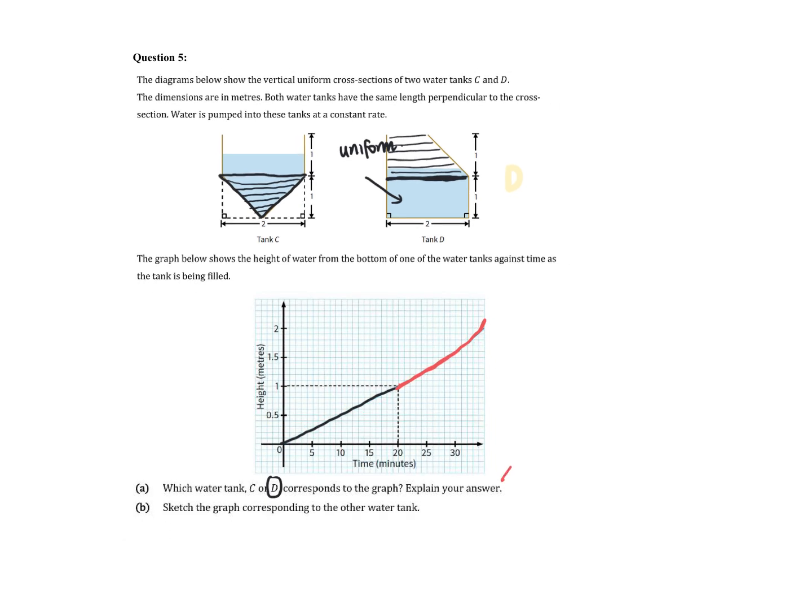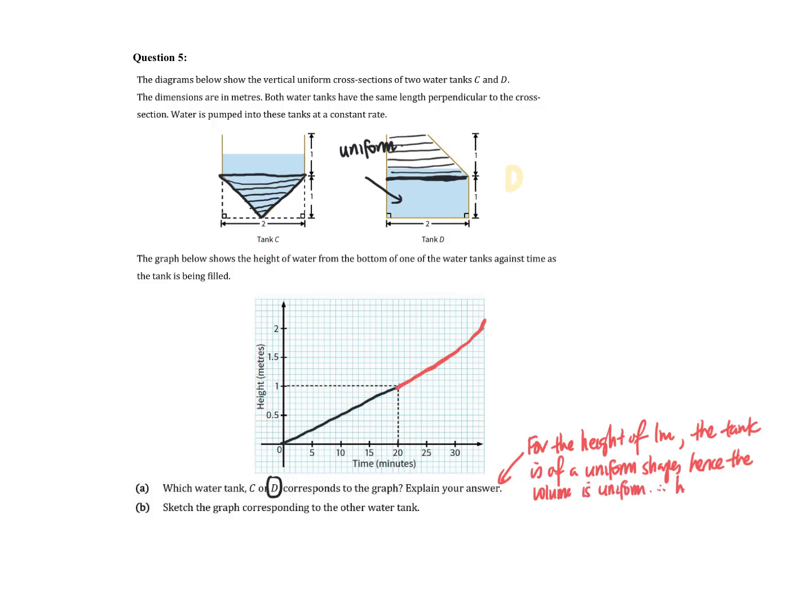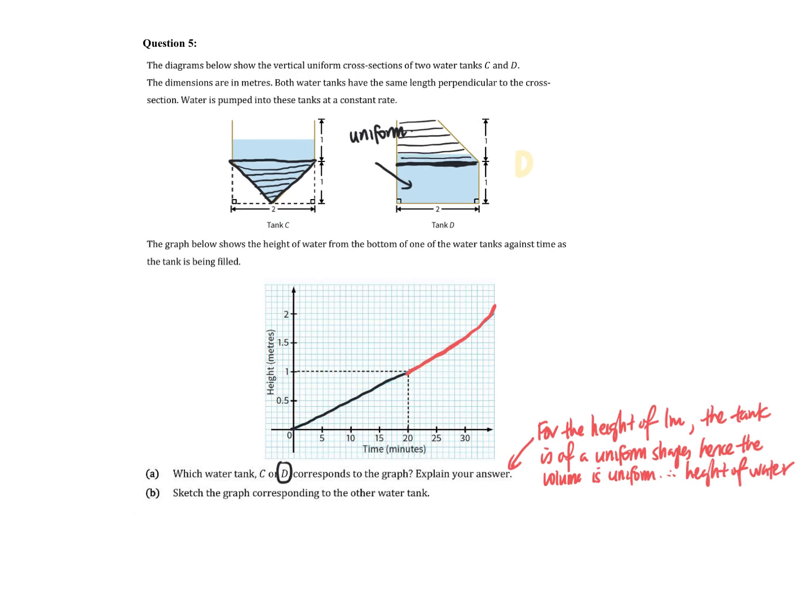So you can say that for the height of 1 meter, the tank is of a uniform shape, hence the volume is uniform. Therefore height of water should increase at a uniform rate.